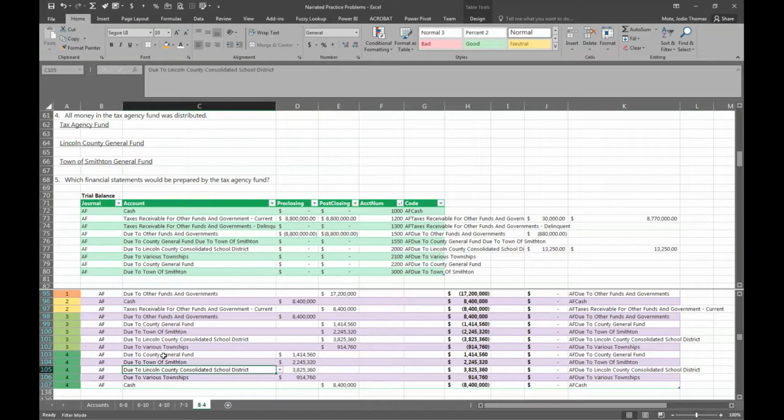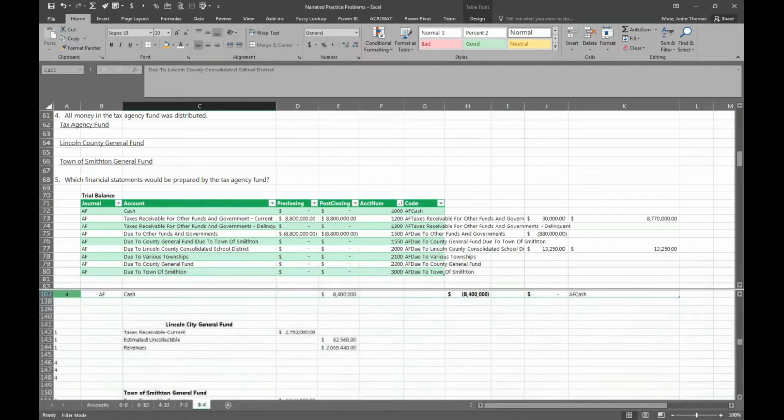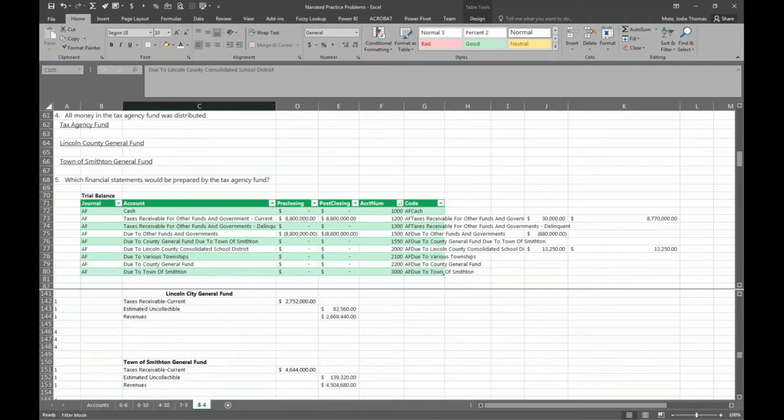So let's go down here and do the 2 entries really quickly for the 2 general funds. In this case, for the city of Lincoln, you are going to record the cash that you're receiving.